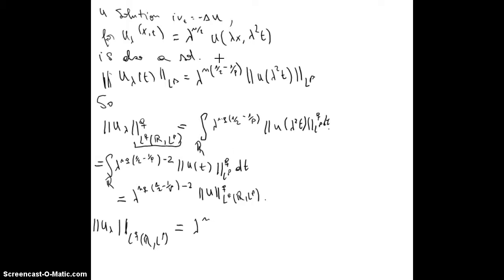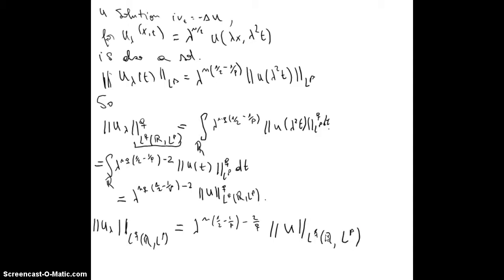Let's put here n multiplied by 1/2 minus 1 over p minus 2 over q, and the norm of u in L^q of L^p.